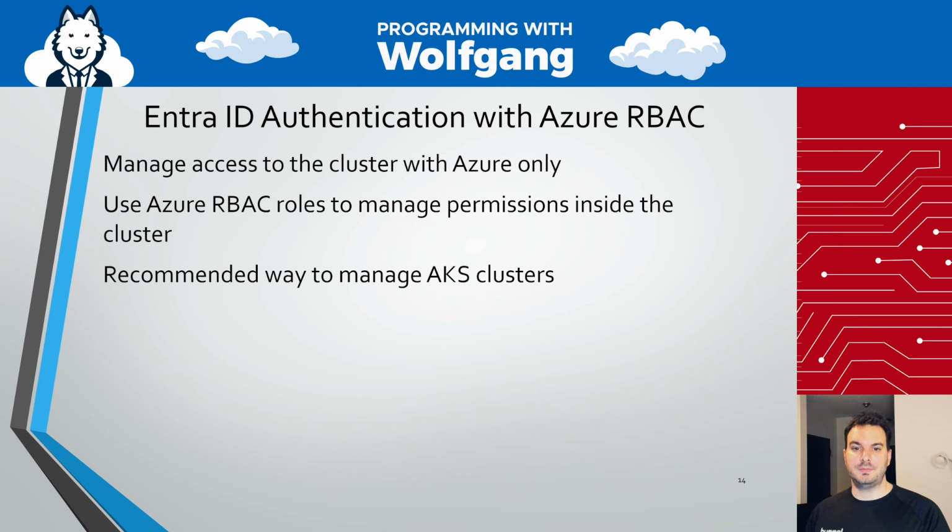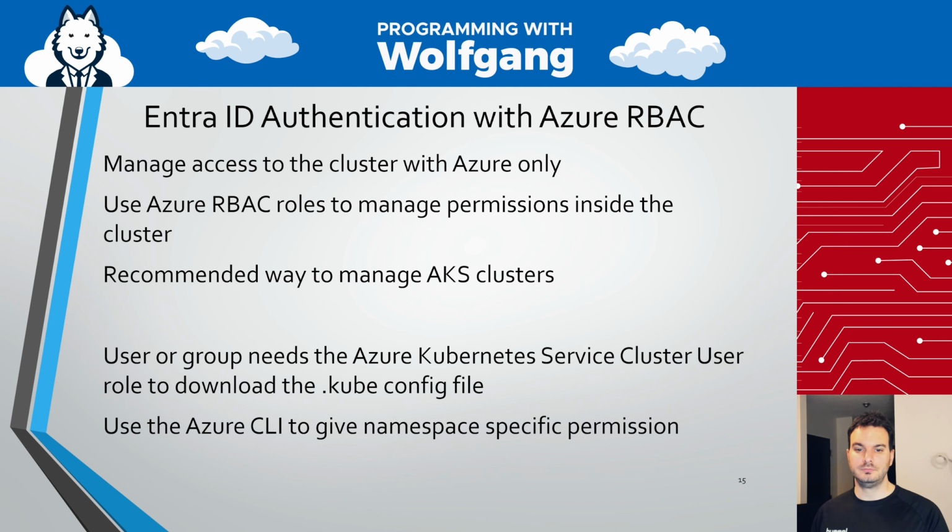And since this is the best way, that's also what Microsoft recommends you to do, because it's the easiest to manage, because you can see everything in Azure, and it's also the most secure way to access and manage the cluster.